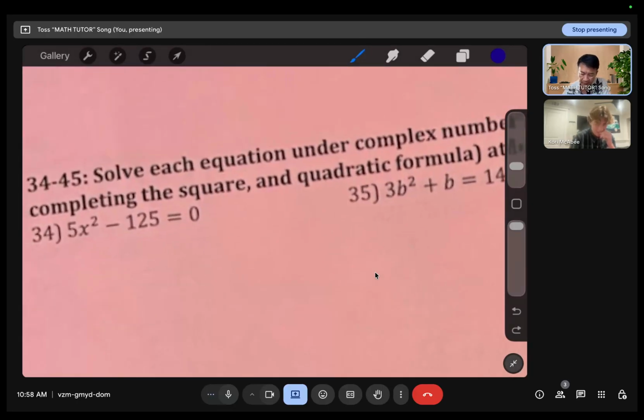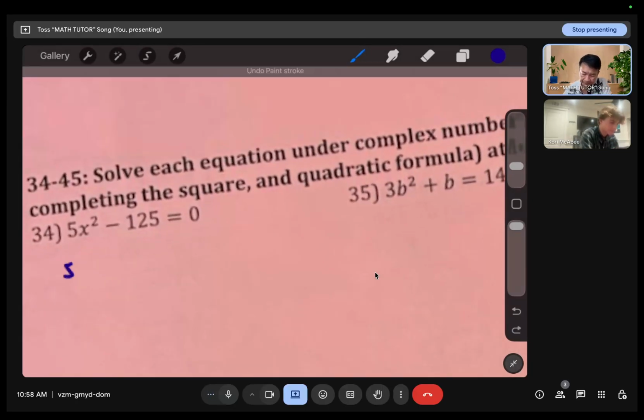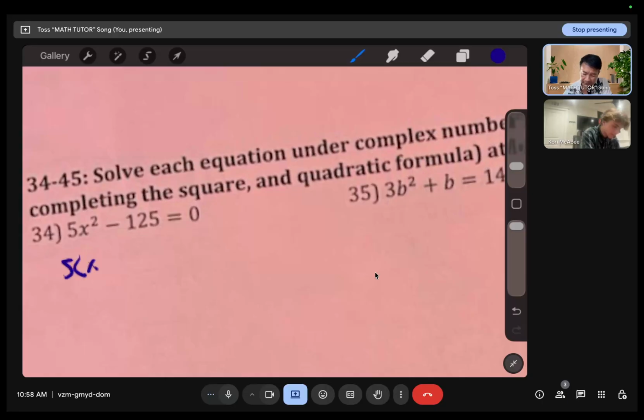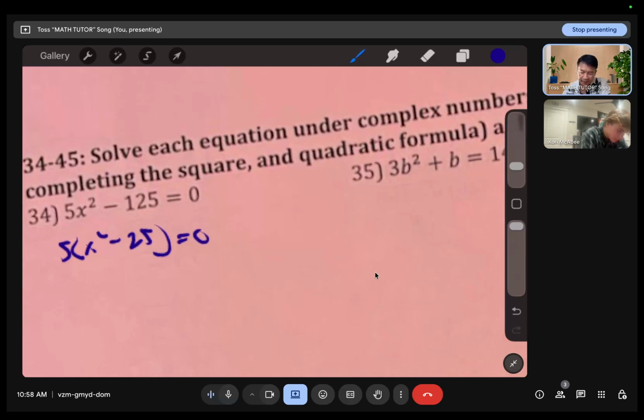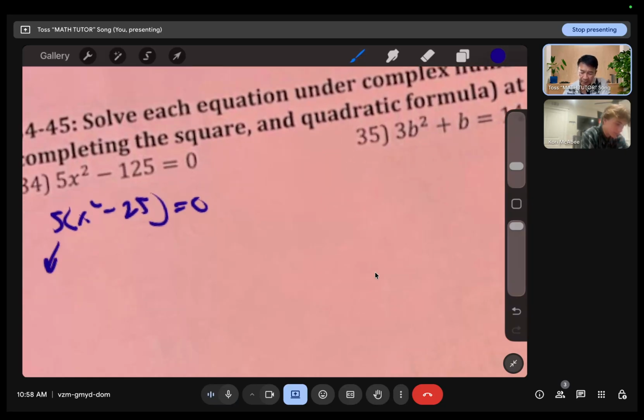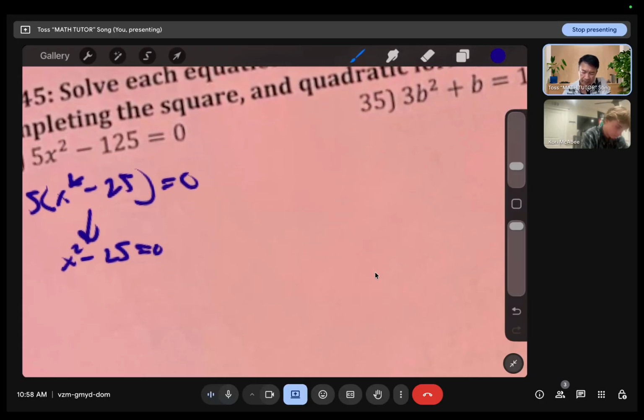So this one, you can factor 5 out. Factor out 5: x squared minus 25. Yeah, 25 times 5 is 125, equal to 0. So you have to set each factor equal to 0. This one, you cannot set equal to 0, so you ignore it. So you only set this factor to solve. So set that equal to 0 and then solve. Now there's two ways of doing it.